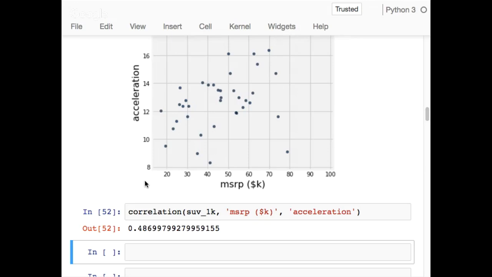Would the R be 0 if the points were on a horizontal line? Indeed, R would be 0 if the points are on a straight horizontal line. That's because R measures the correlation between the two variables. If the points are on a completely straight line like this, what you're essentially saying is, even if I were to pick an x variable here and compare it to an x variable here, I would not have any idea how y changes.